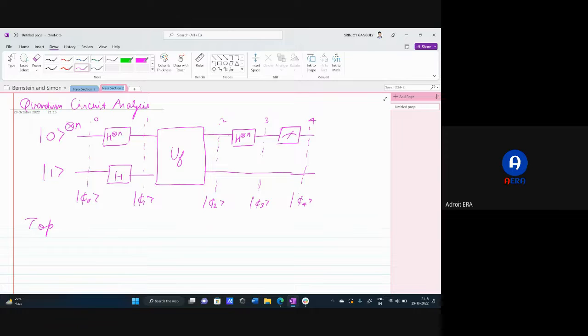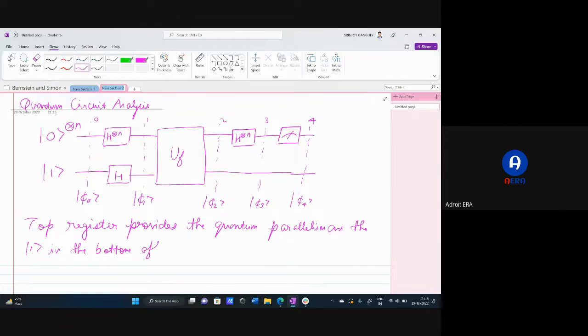Okay, so let us take some notes. The top register provides the quantum parallelism. Okay, we are already aware of this. And the ket 1 in the bottom offers a phase kickback.